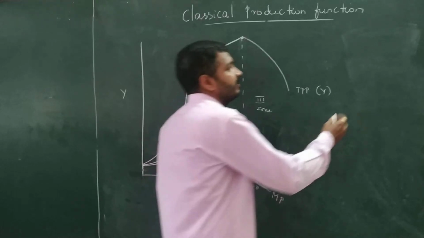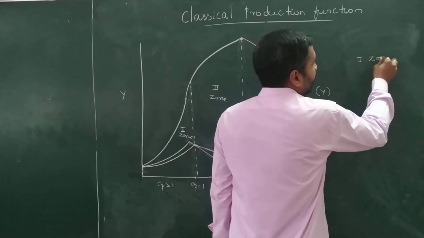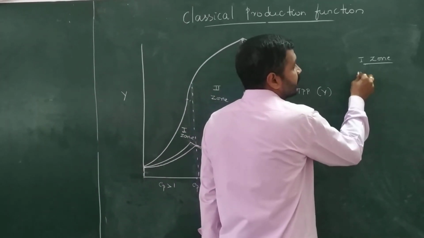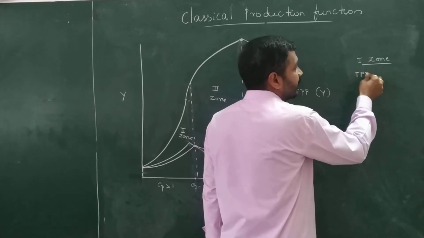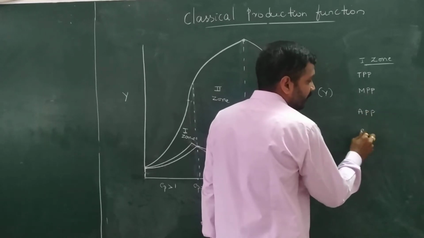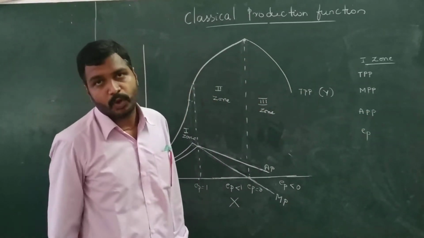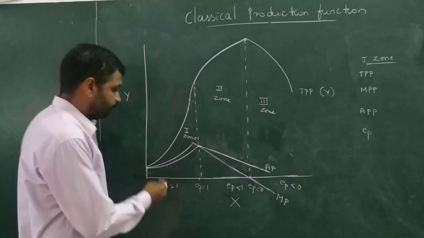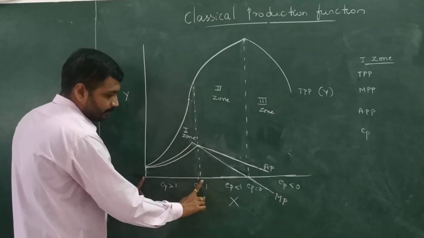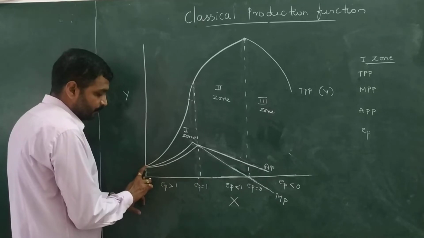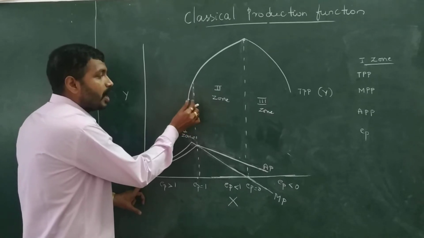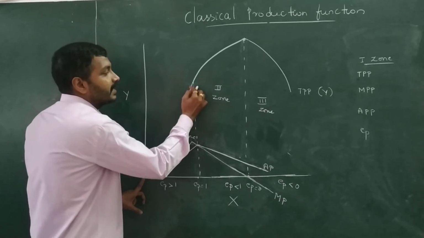First we will consider the first zone. What we need to consider is the characteristics of these three curves: how TPP is behaving, how MPP is behaving, how APP is behaving, and what used to be the value of EP. If you consider the TPP, that is the total physical product curve, in the first zone, up to this particular stretch, it increases at increasing rate, and for a while it increases but at a decreasing rate.